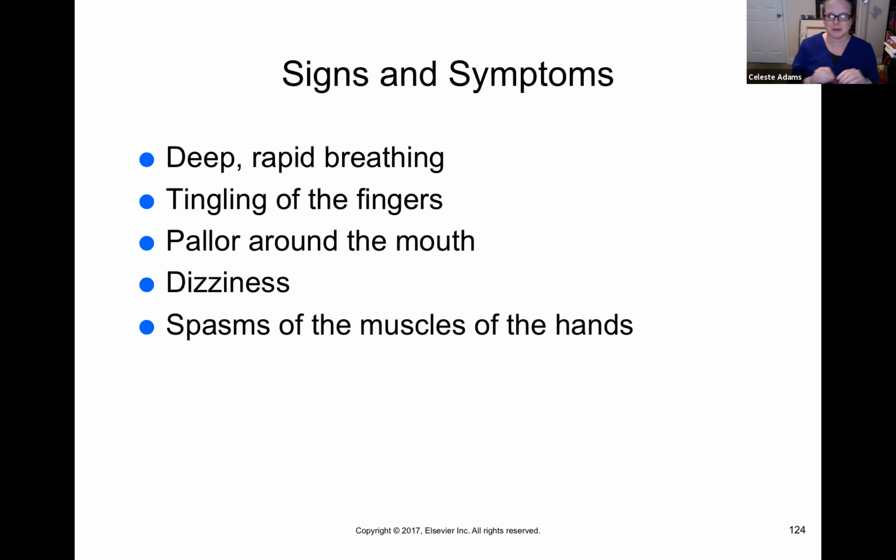I know it's a little bit much. But blood's not going to be oxygenated in respiratory alkalosis, because you don't have enough CO2 to balance out that oxygen content. You need both oxygen and CO2 for blood to be properly oxygenated. So those are some signs and symptoms of respiratory alkalosis, but I really want you to focus on deep, rapid breathing in respiratory alkalosis, hyperventilation.